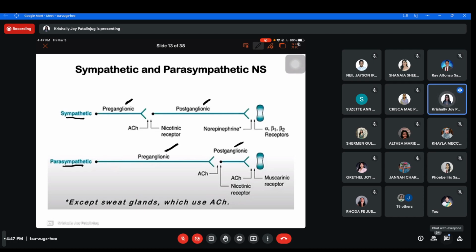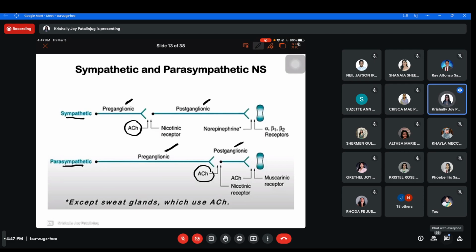And then for the neurotransmitter, as you can see sa preganglion ng sympathetic at saka sa preganglion ng parasympathetic, you have their acetylcholine. Diba? Parehas lang sila. Sa unang sending neuron, sa preganglionic neuron, parehas sila ng nare-release na neurotransmitter, and that is acetylcholine.